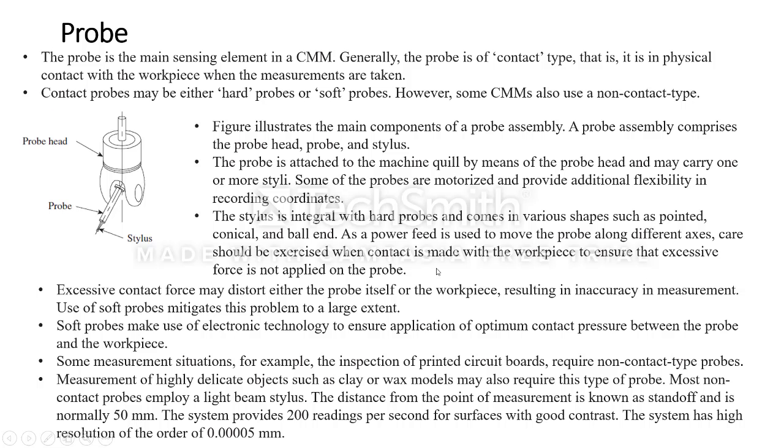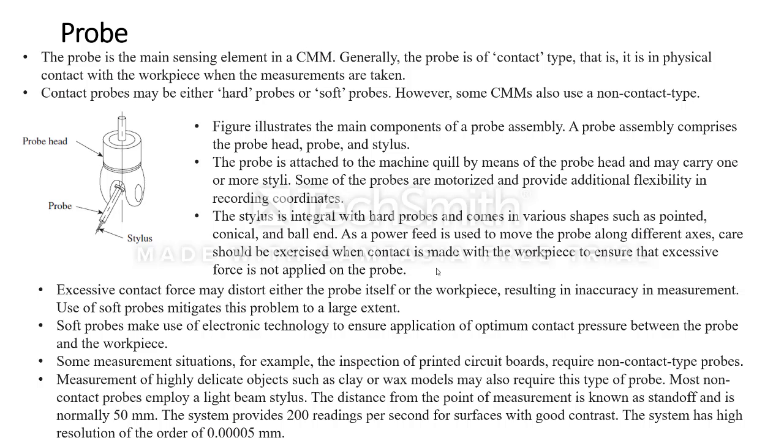Now coming to the important part of the CMM machine, which is nothing but a probe. This probe has the main responsibility for the measurement. So it is necessary to study the important parts in it.